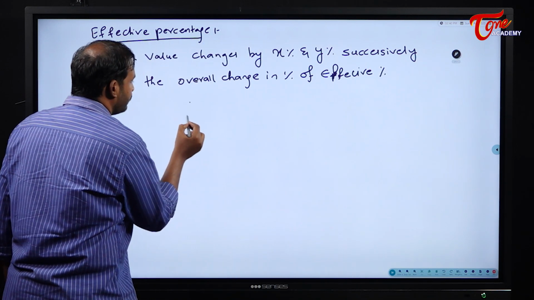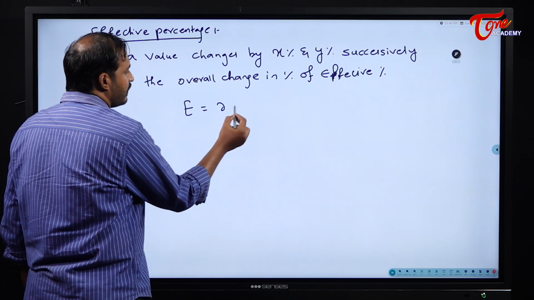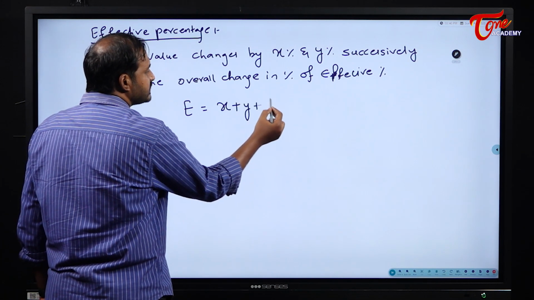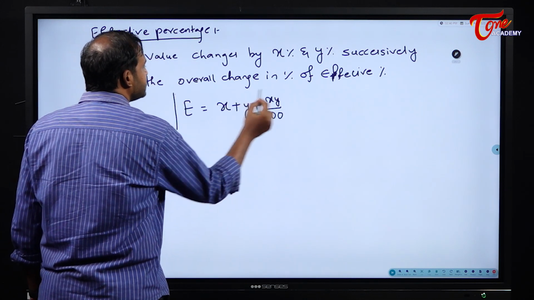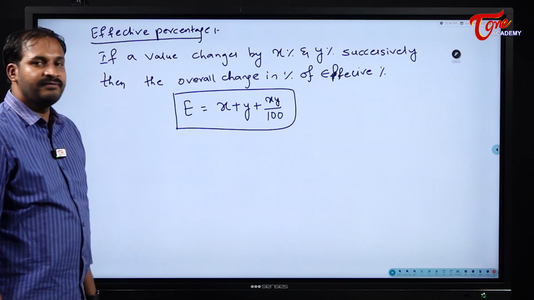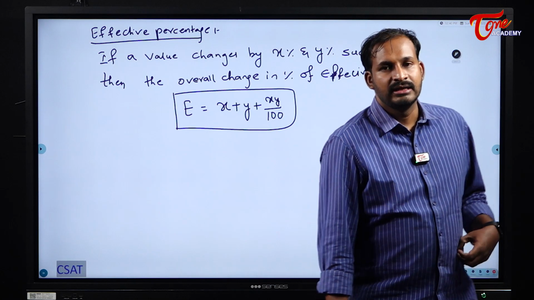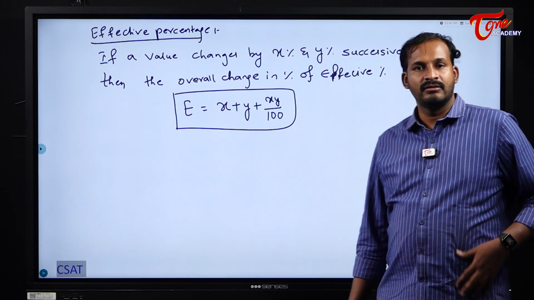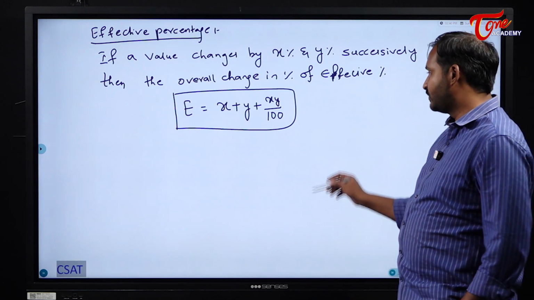is equal to, effective percentage E is equal to, for this we have one standard formula: X plus Y plus XY by 100. If the change is an increase, or incremented, then we take that as plus, positive.